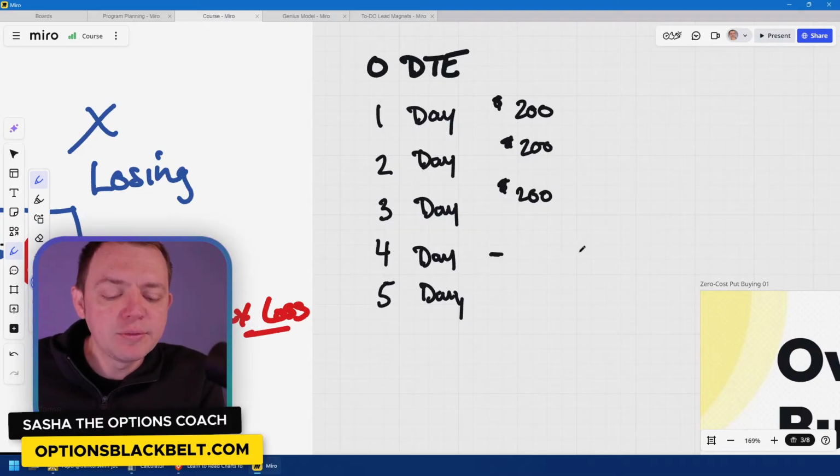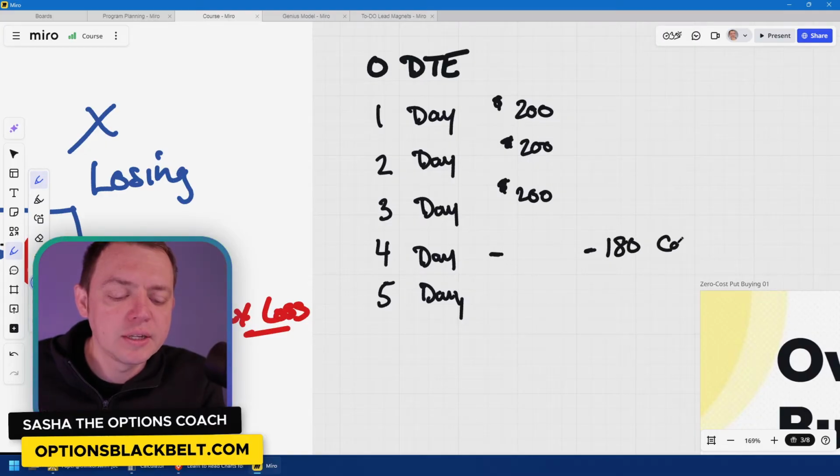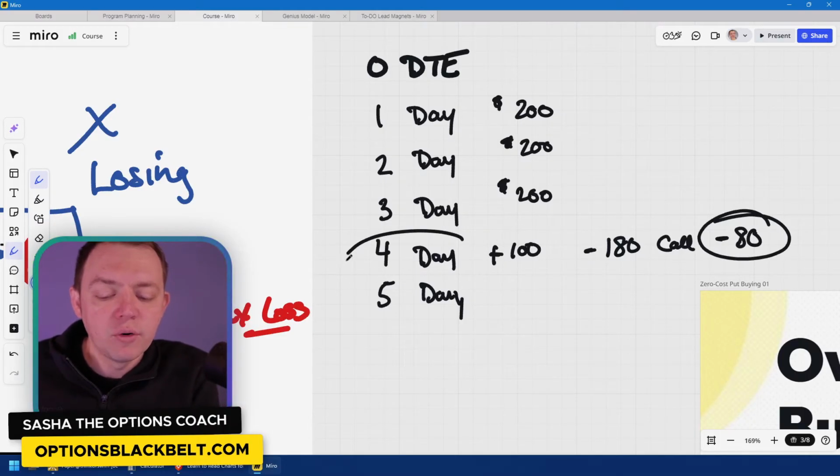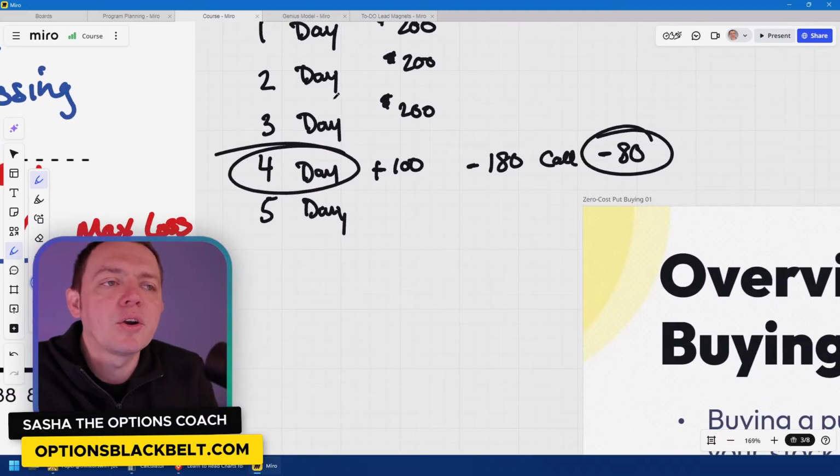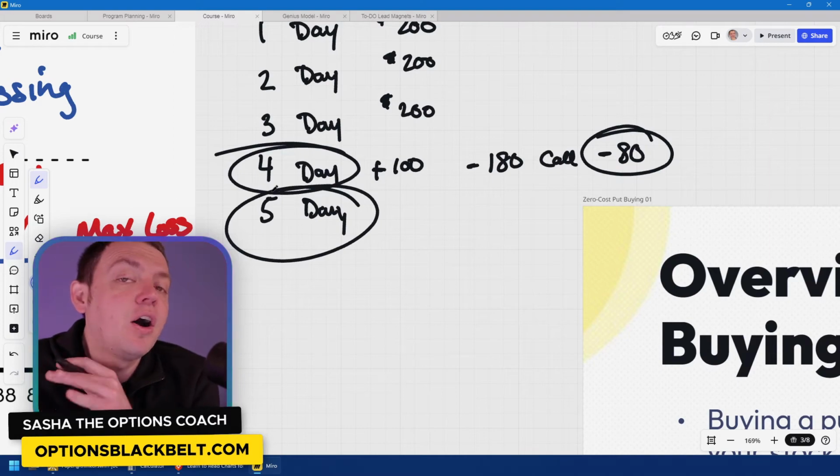Well, in this case, if we lose 150 or 180 on the call side, but we make $100 on the put side, well, we're still down $80 in total for, let's say, this one day. So the adjustment in some cases would be better off to make on day 5 on that next trade.